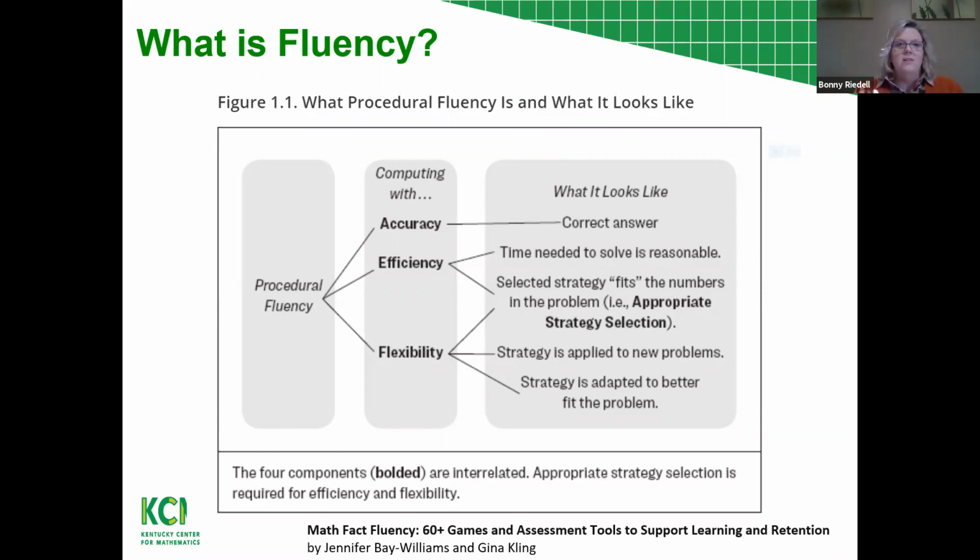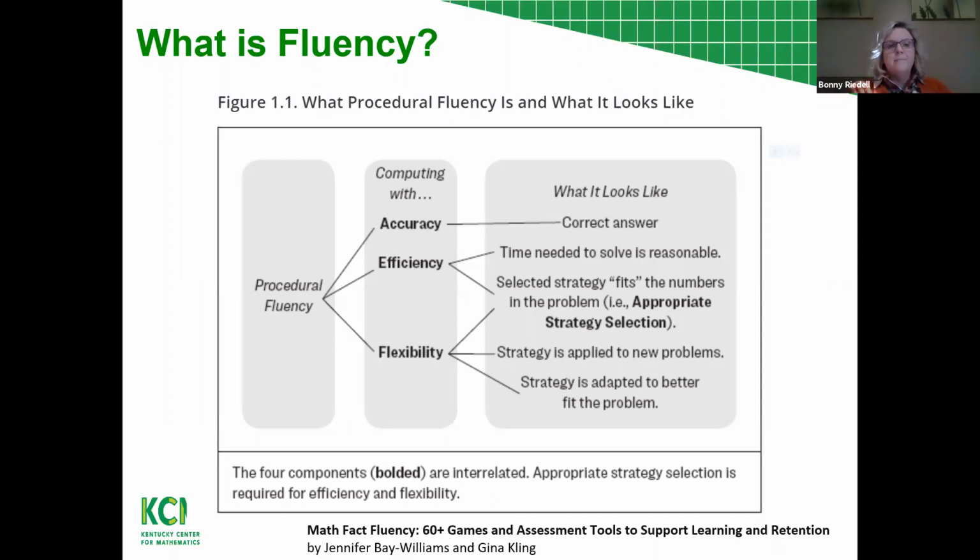And our executive director, Kelly DeLong, said something that really struck me. She said that fact fluency has become a matter of equity for students. Fact fluency is often a gatekeeper to mathematics when it should be a gateway.